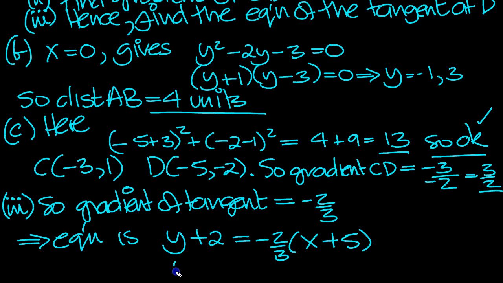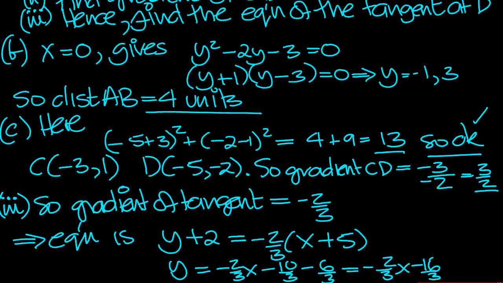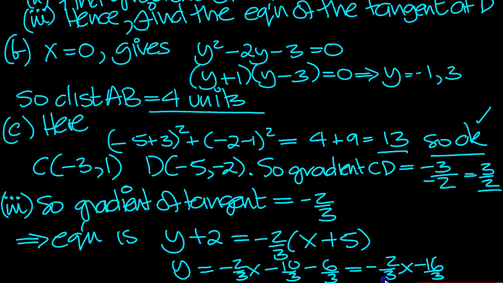So let's just tidy this up. y is equal to minus 2/3 x, and then this will be minus 10/3, won't it, when we expand the bracket. Move the minus 2 over, and I'm going to write that as minus 6/3. So it's equal to minus 2/3 x minus 16/3. So we can write it in this form, if we wish. Okay.